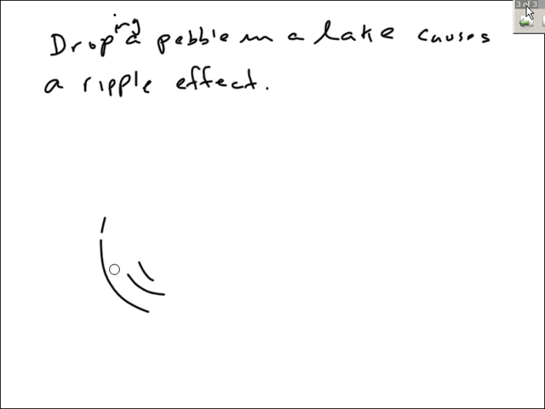Okay. Now, notice that each of those circles that I drew, the area is bigger and bigger and bigger. Okay, let me write up the problem. Dropping a pebble in a lake causes a ripple effect.